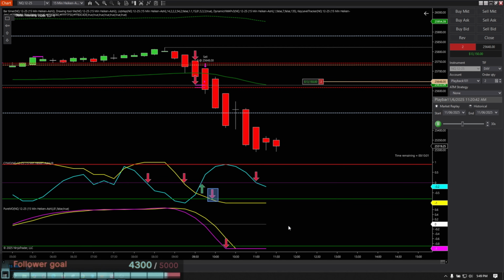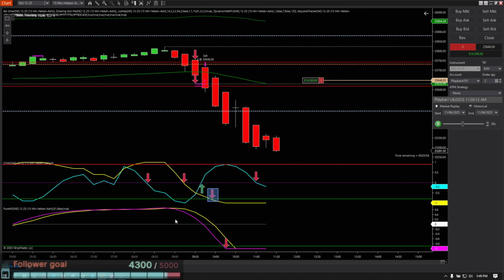This indicator is called Simo Pro, guys, and this one here is called PIRMO. This indicator is your market structure tool to let you know exactly which way the market is going to move. I designed it to track the pure momentum swing in price. That's why it's called PIRMO. PIRMO is an acronym for pure momentum, okay?